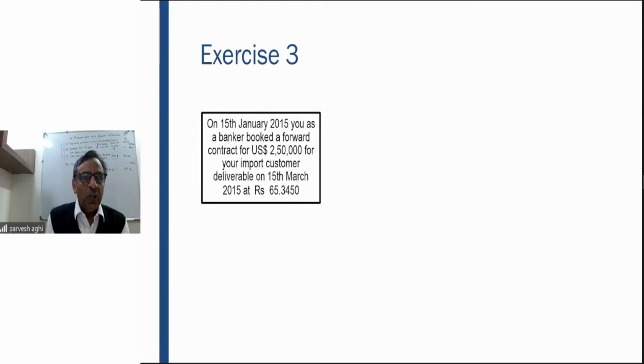You approach the bank on 15th of January, you require dollars 2,50,000 to be delivered to the customer on 15th of March 2015, and the rate given by the bank to you is 65.3450.